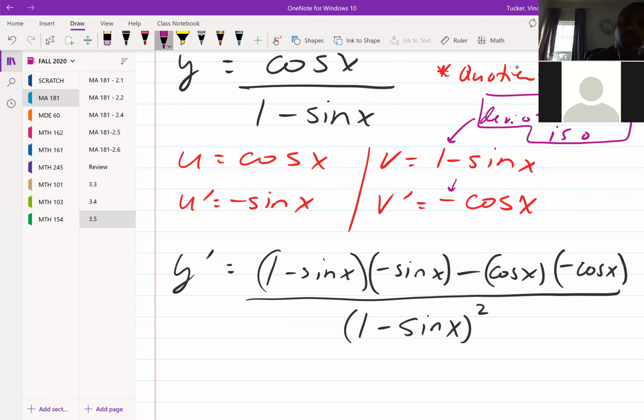So this is v, u prime, u, v prime, and then that's v squared down there. All right, any questions or problems with our substitution?